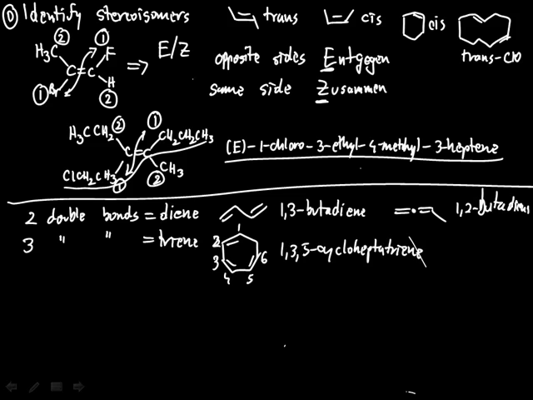In some cases, we don't even need to introduce this numbering too much, because some of these have really very common trivial names. So this is cyclopentadiene, although technically this will be 1,3-cyclopentadiene. It's often referred to simply as cyclopentadiene because of its great importance in inorganic and coordination chemistry.